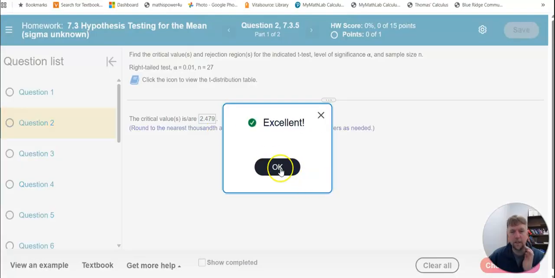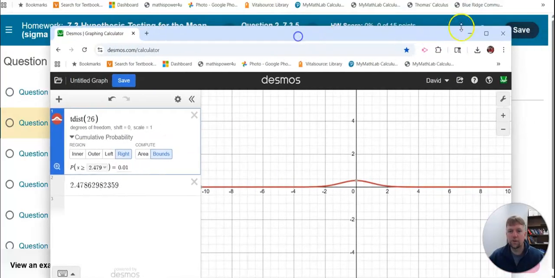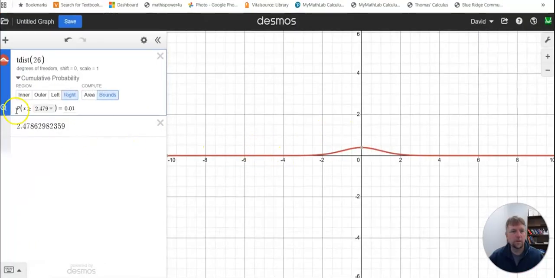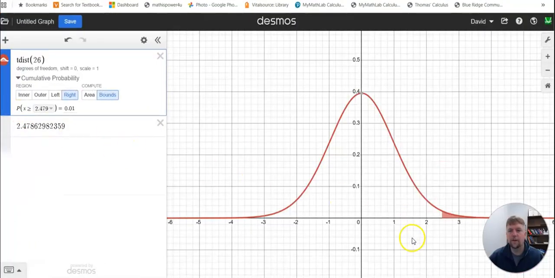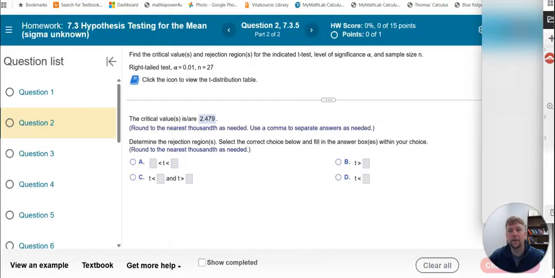Now let's look at what the rejection region is. This is our right tail test. If I zoom in on this, using this little zoom button, that's what we just found. The rejection region is the area in the right tail beyond this 2.479 number and infinity technically.